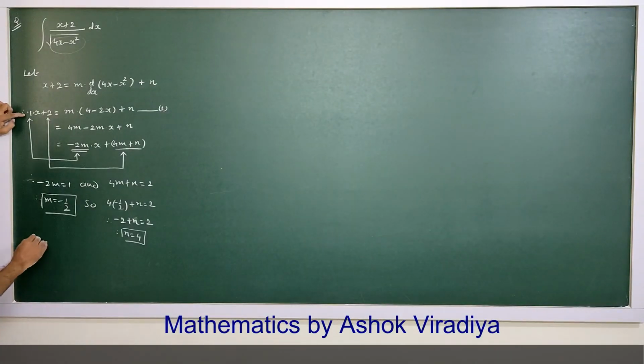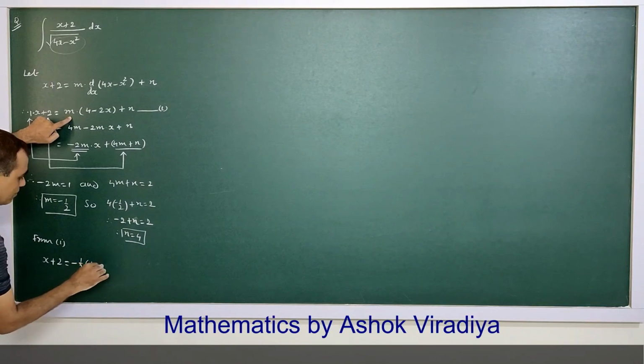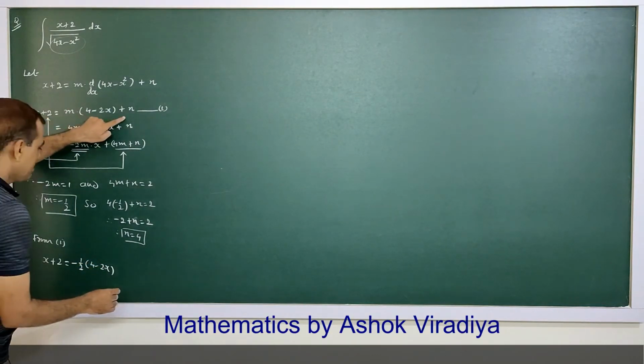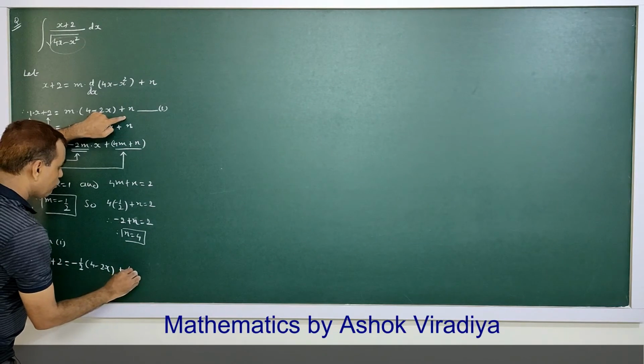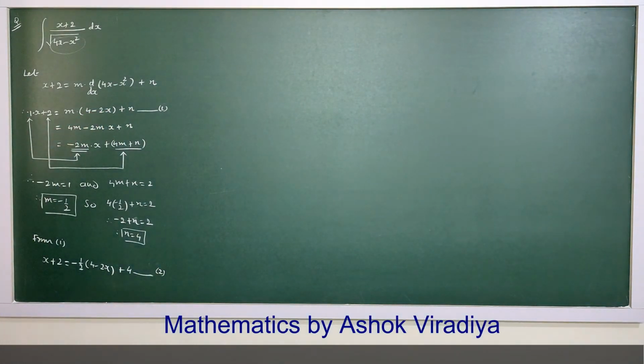So from 1, x plus 2 equals m, which is minus 1 by 2, into 4 minus 2x, plus n, which is 4. So this is the expression for x plus 2.